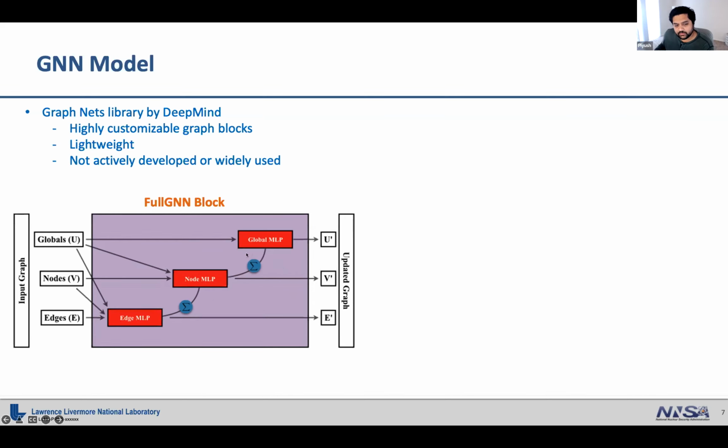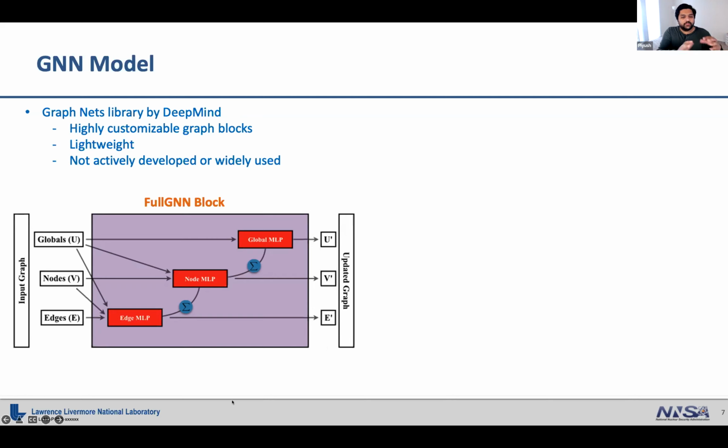Then there's another aggregation function over the nodes, and then a global MLP, which looks at the global features and the incoming features from the previous two MLPs, and spits out the global update. So at the end of this, you see an updated graph, which has a new set of features learned from all the input graph features, the nodes, globals, and edges.